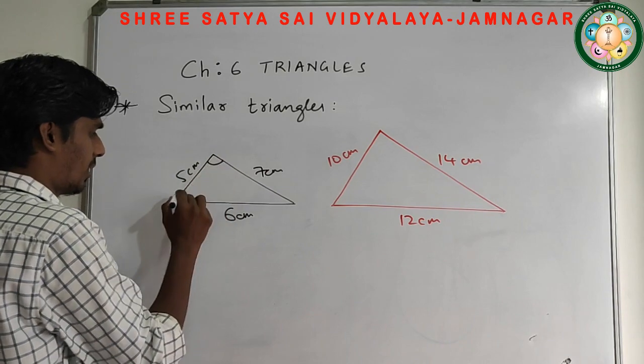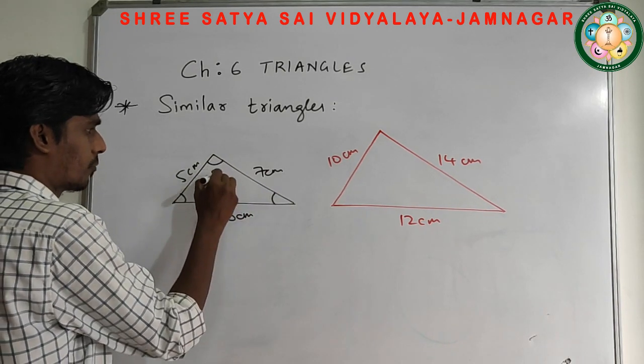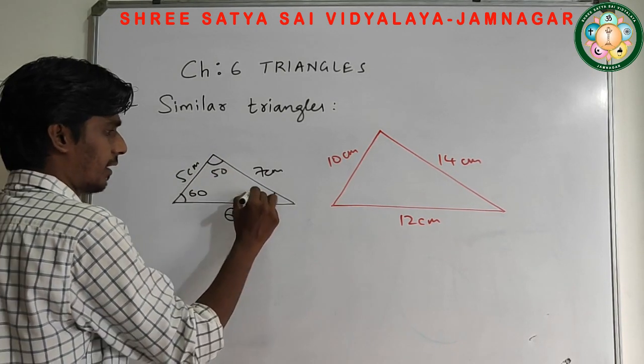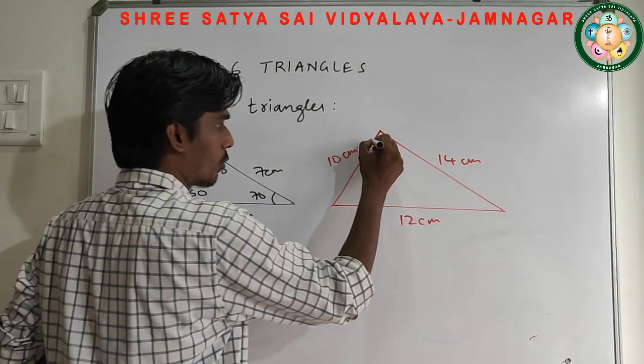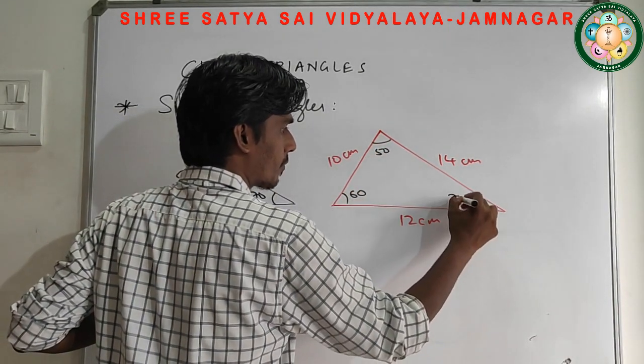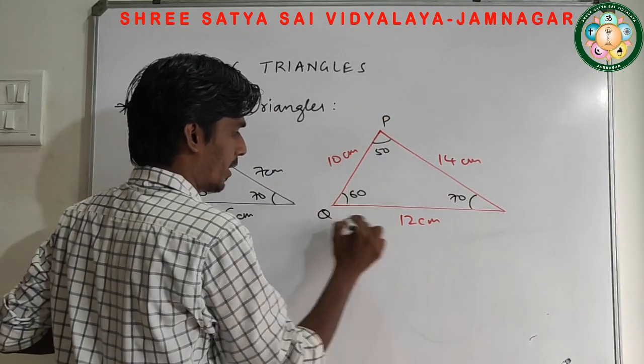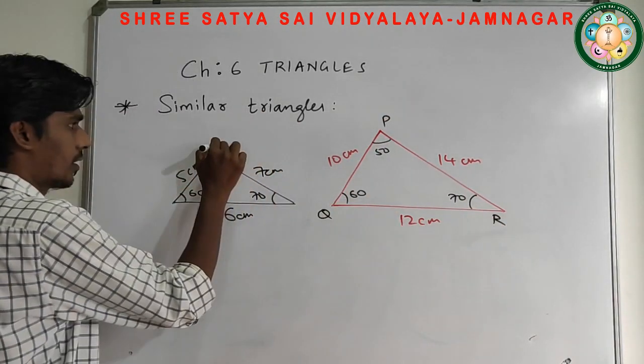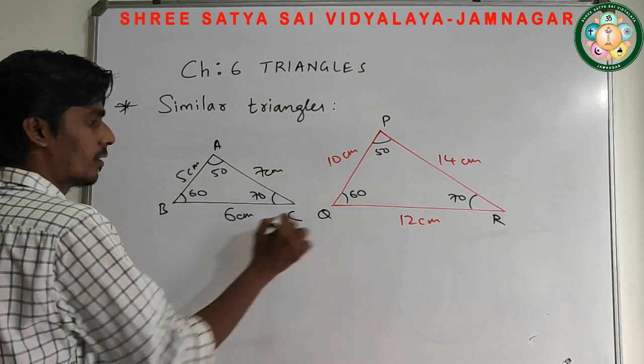Taking any angle just for explaining, say 50, 60 and 70. Here also 50, 60 and 70. So this is P, Q and R, and this is A, B and C.